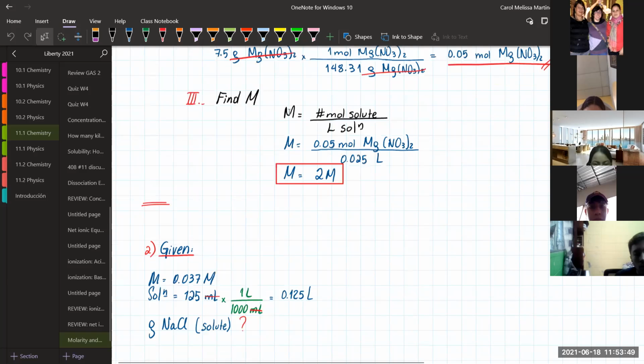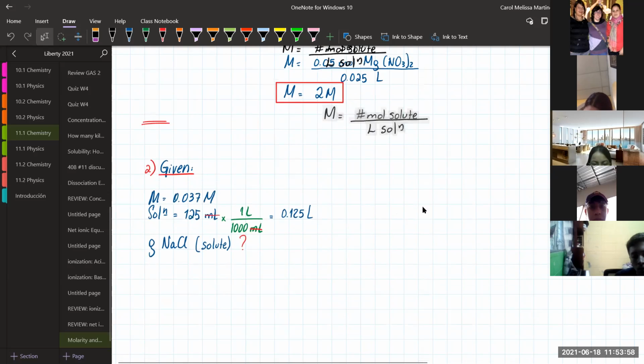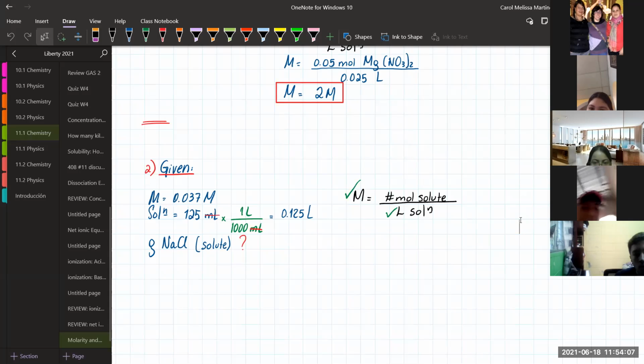But anyway, this is the formula for molarity. So according to the formula for molarity, if I have the molar concentration and I have the liters of solution, I can get the number of moles of solute. Okay? But the problem is not asking me moles. The problem is asking me grams.